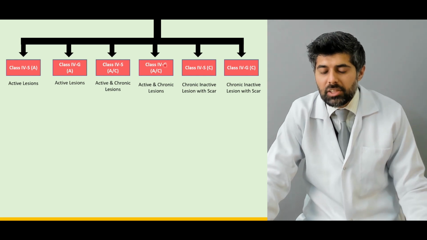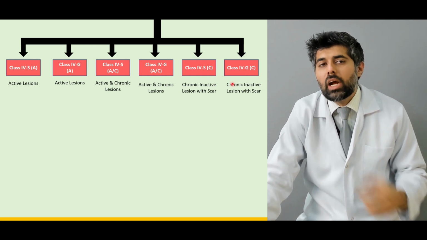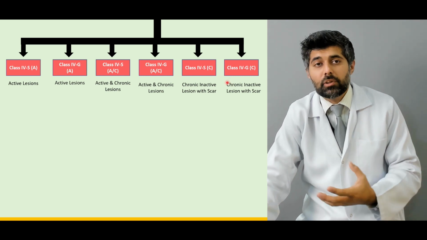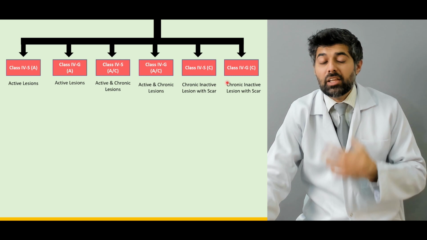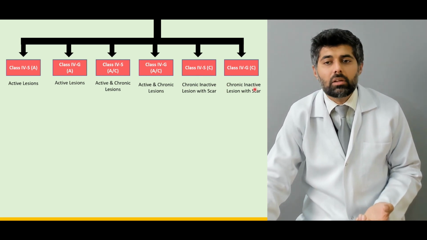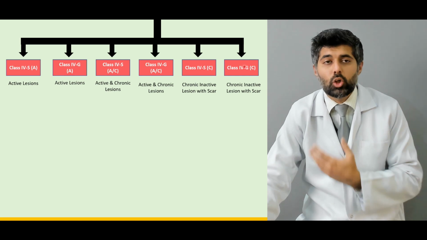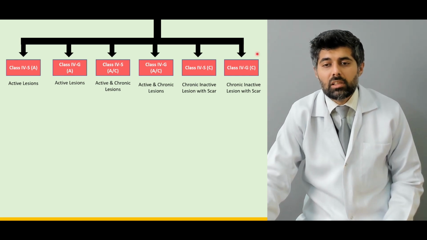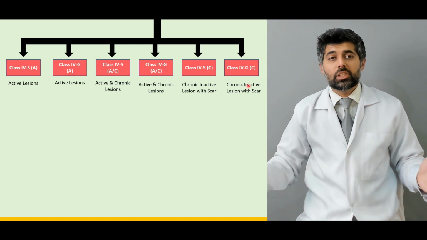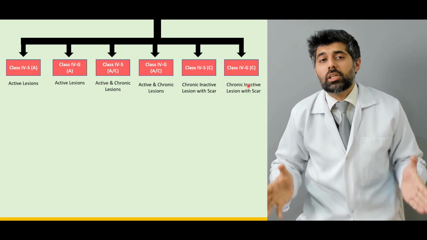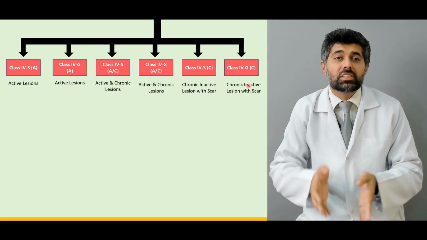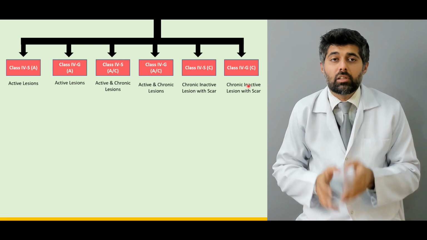So in this pair, there are no active lesions, only the chronic lesions which have turned into scars. And these scars can be in this class segmental or in this class global. And this class is the one where there is global sclerosing, and global sclerosing nephritis is the one which ultimately results in end stage renal failure.